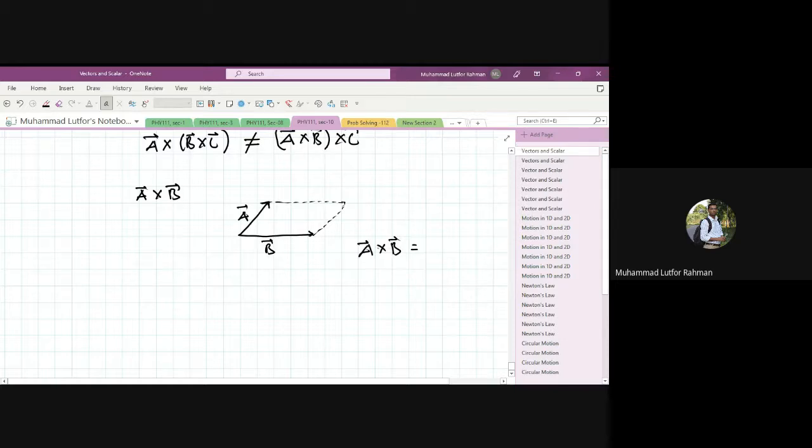Can you tell me? See, if you take the cross product of the length and the breadth of your room, what will it give you physically? Did you get my question?